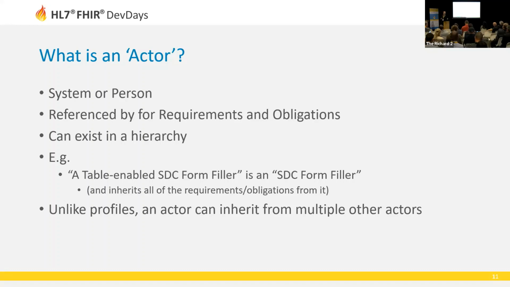So when I am defining myself and saying that I am a Da Vinci form filler, I can then say that means that I am an SDC generic form filler, and I am an SDC table form filler, and I am an SDC observation pre-population system, and point to all of the different actors that define stuff that I care about. And that means that all of the obligations that were defined for those other actors now also apply to me.